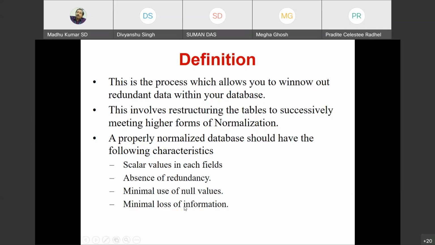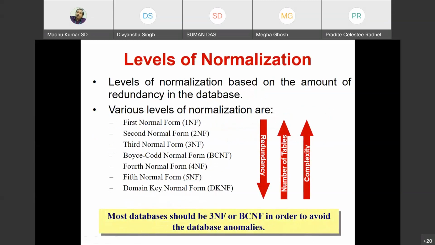So we have seen that there are different normal forms. A normal form is actually a qualitative level in which a particular database design can be.